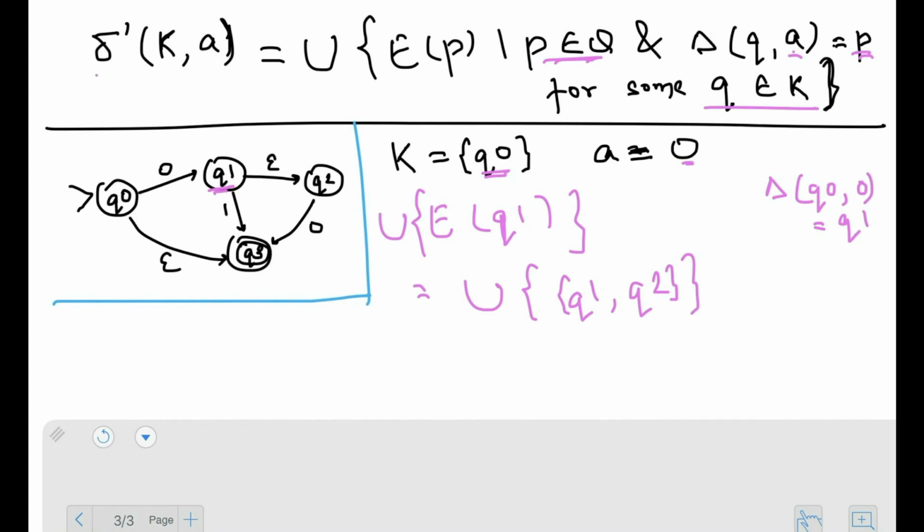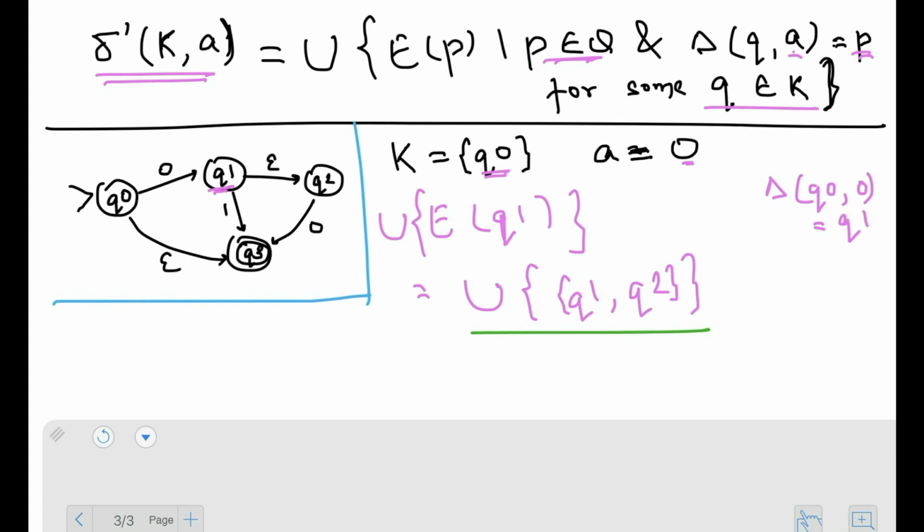and my delta prime right here needs to give me a set of states, which is any subset of Q1. But here what I'm getting is, if you see right here, a set of sets of states.